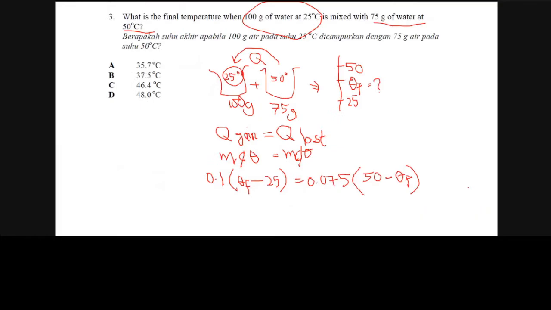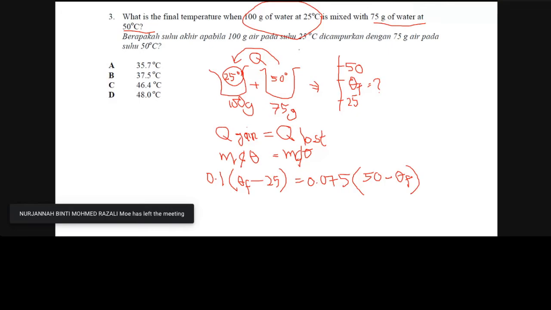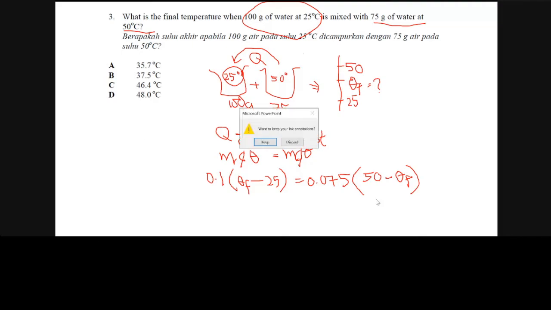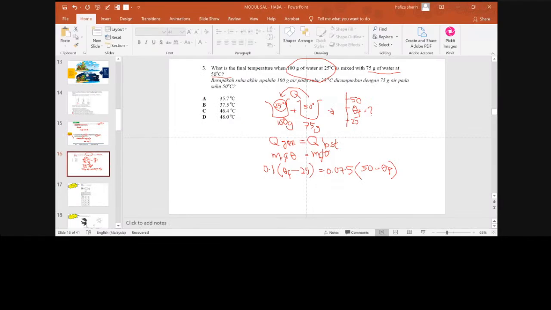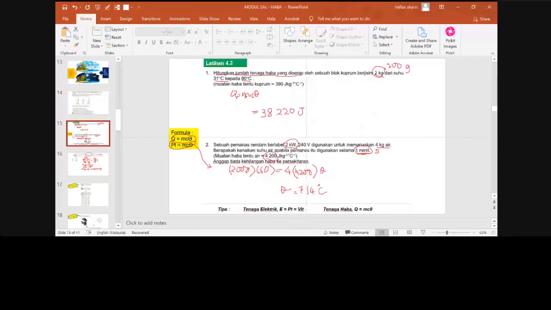This one I've already doodled beforehand. This is another example. Someone asked a question about question 1, which one? Oh, this one?